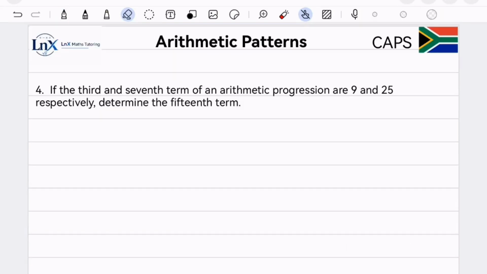Alright, our fourth question reads: if the third and seventh terms of an arithmetic progression are 9 and 25 respectively, determine the 15th term. So you can pause and give an attempt to this question.